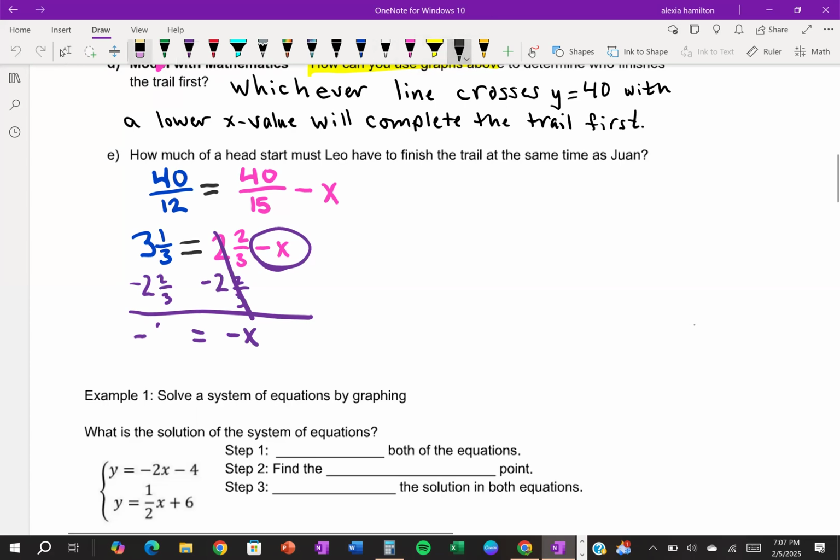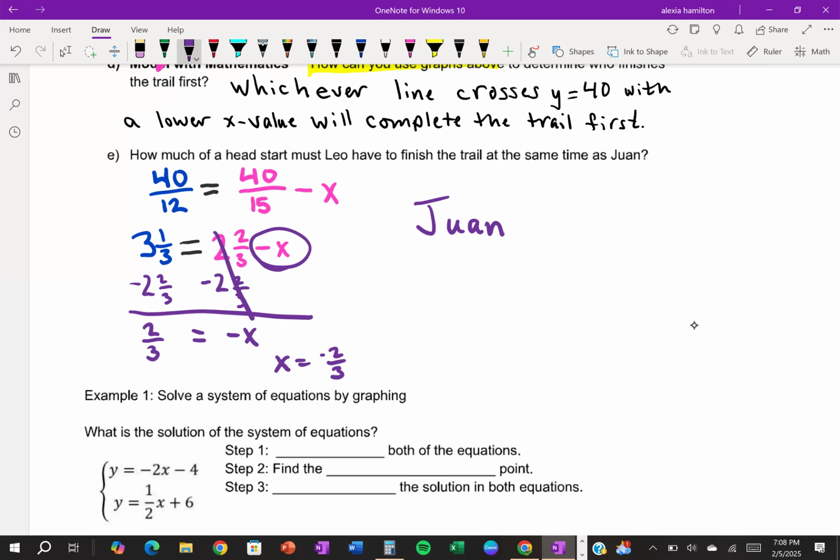So I set it up as how much time does Juan need. What this tells me is that x would equal negative 2/3, dividing by a negative one.